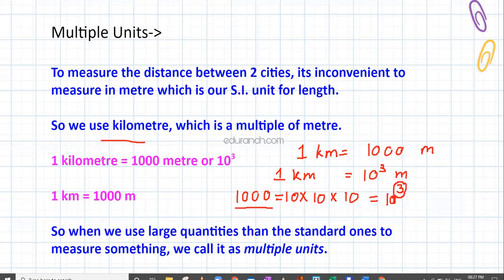So when we use a bigger unit to measure something, we multiply our unit of measurement, here the unit of length, we are using the multiple of unit of length. So that is why it is called multiple units.